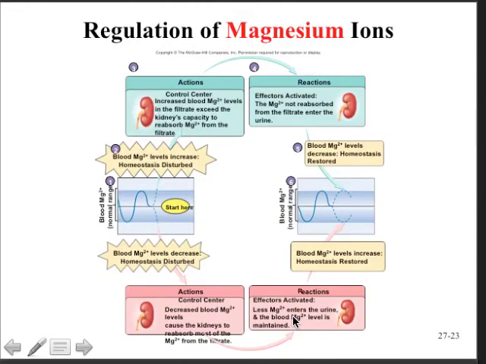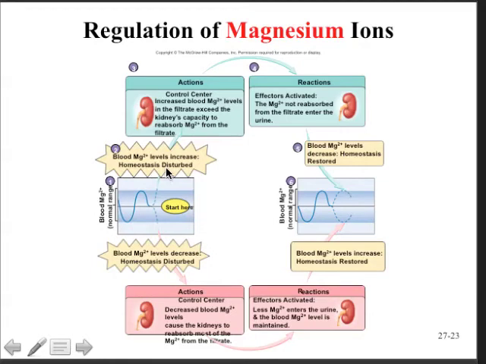Magnesium is another one of those ions that's critical because it serves as a cofactor in so many metabolic reactions. And what we're looking at here is just, again, the same type of flow chart we've been peeking at for sodium and potassium. So here, what we see is a disturbance in homeostasis.